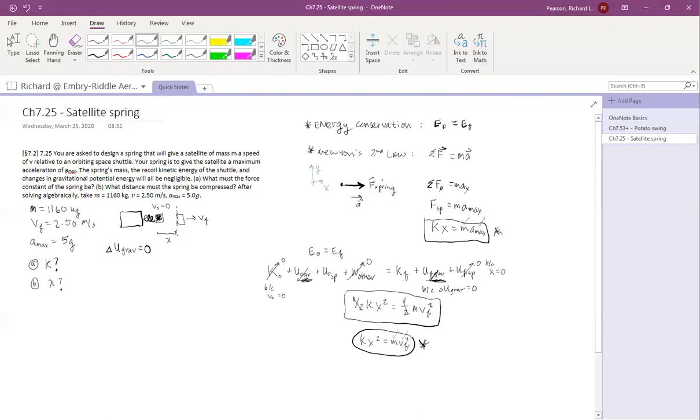Two equations, two unknowns, so now we can solve for one and put it into the other. It doesn't matter which one you solve for first, but because they did it in this order, let's solve for x in the first equation. So we get x is equal to 1 over k times m a max.